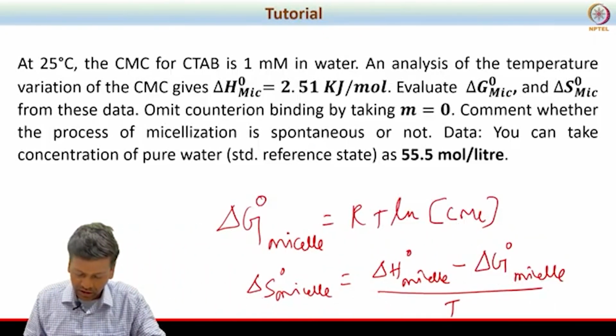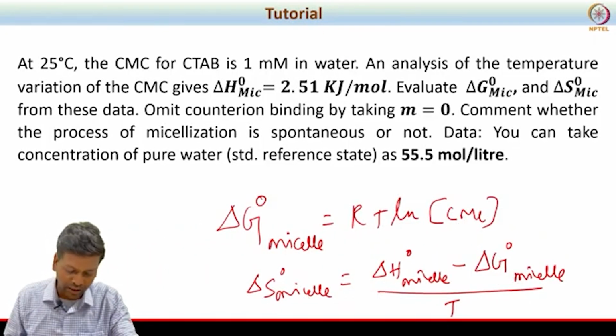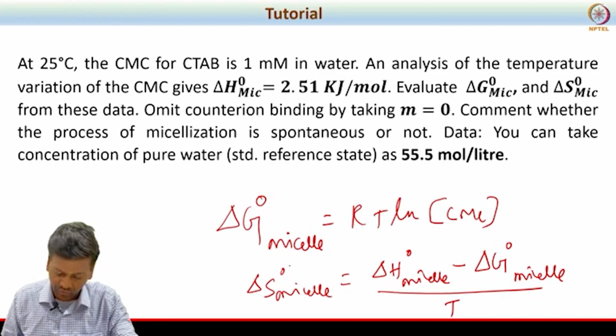Now, we will see a tutorial based on the CMC, critical micellar concentration, which we have seen in the previous lecture, when we tried to derive the change in Gibbs free energy for micelle. When we derived the change in Gibbs free energy of micellization, we know that this equation exists.